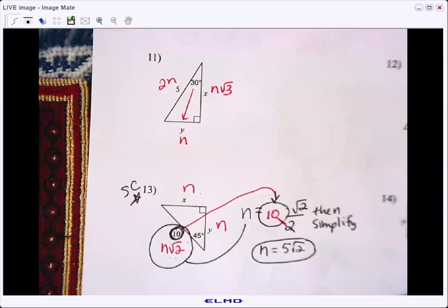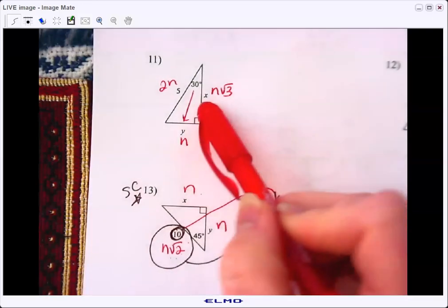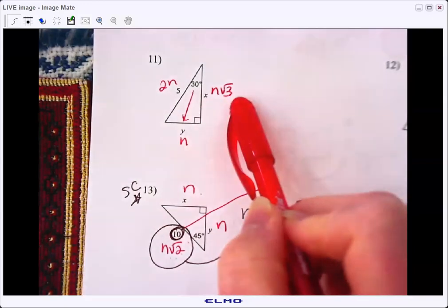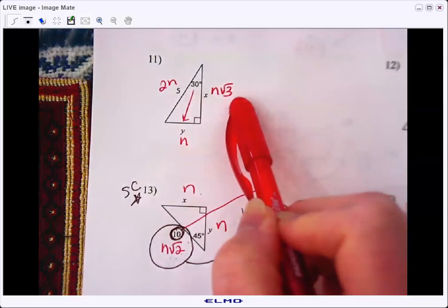If I were doing the 45-45 triangle, absolutely. Okay, but remember, we're doing the 30-60-90 triangle. So that's why I labeled it the way I did. If the 5 were over here, then I'd have to do a shortcut, but it wouldn't be root 2, it'd be root 3.